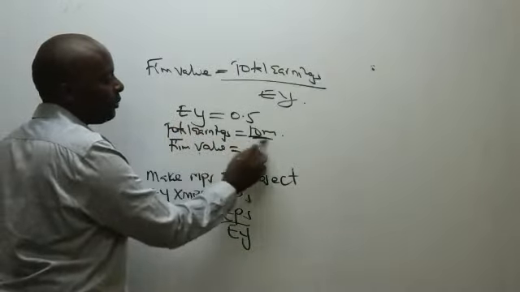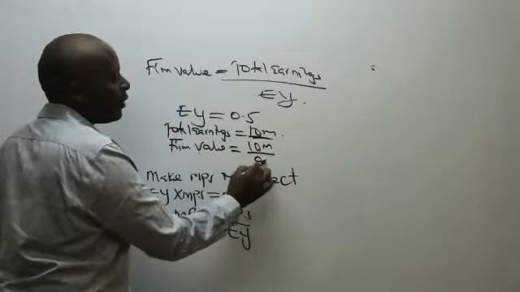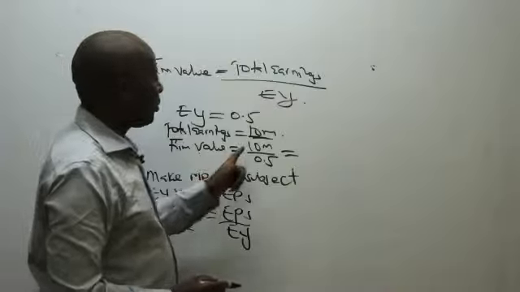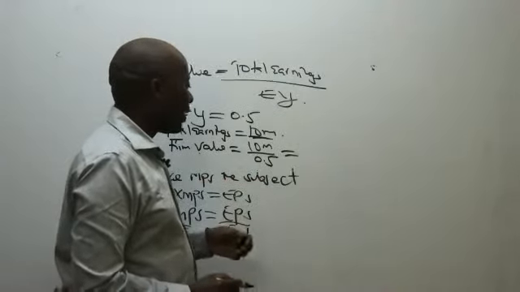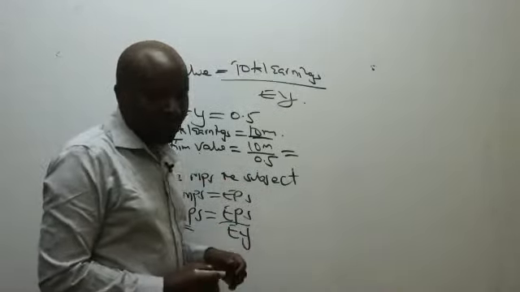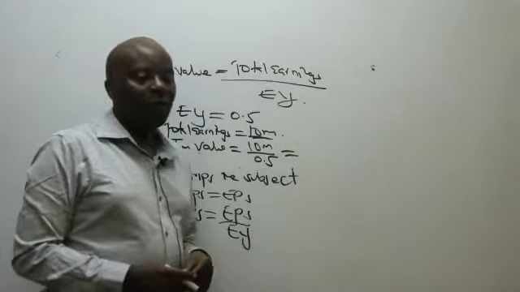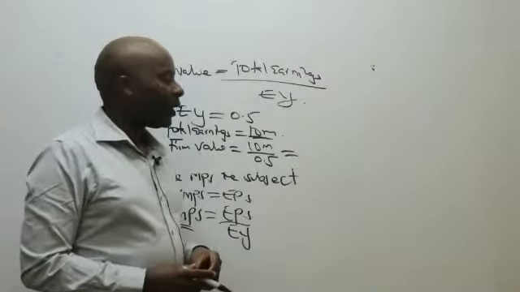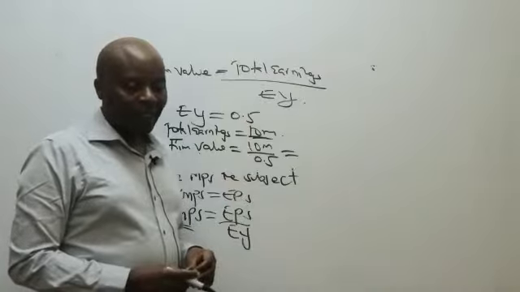So I'll take the 10 million total earnings divided by the earnings yield, which is 0.5. In this case, I should be able to talk of 10 over 0.5. This gives me how much? Somebody. 10 over 0.5 will give me 20 million.